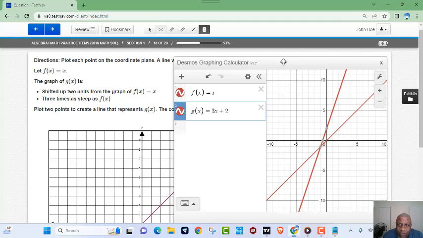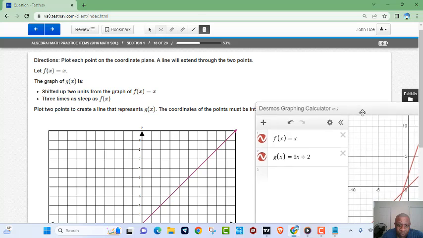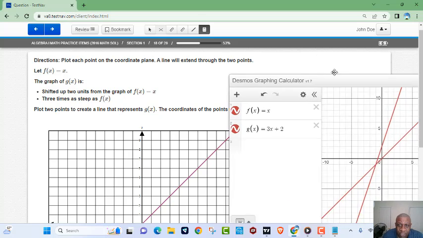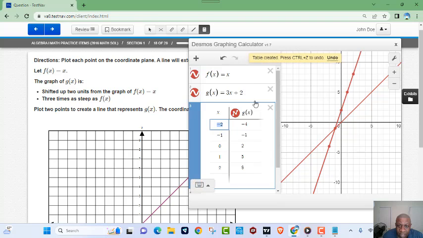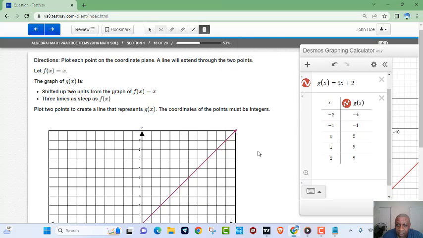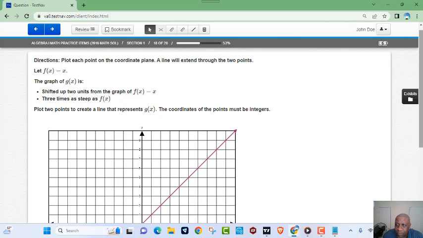Then it says to plot 2 points to create a line that represents g of x. The coordinates must be integers. Okay, well that's simple. We're already here. All you do is hit the gear icon and hit that table icon, and there's a couple of points you can plot, 1 and 5 and 2 and 8. So let me just move this out of the way, and let me just do this here.